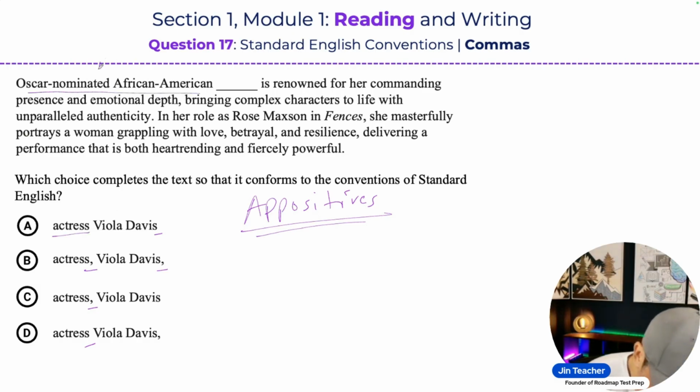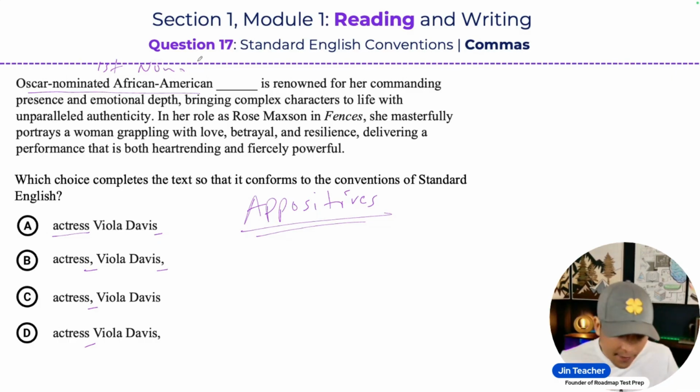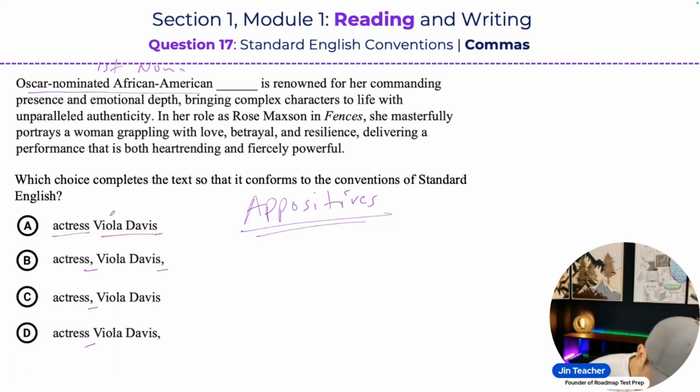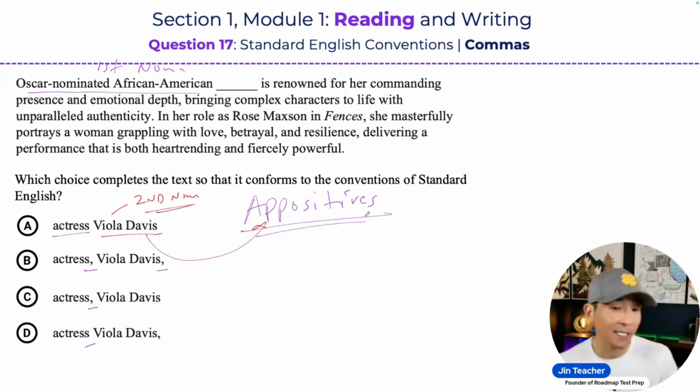That is your first noun phrase. And then Viola Davis, this is going to be your second noun phrase. We can all see this, right? So the second noun phrase is what is known as your appositive, the second of two noun phrases that appear next to each other like this.